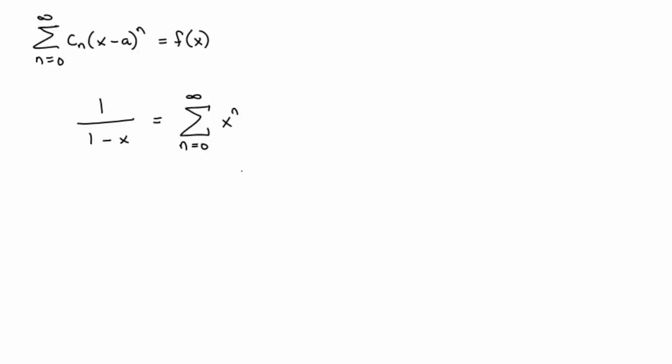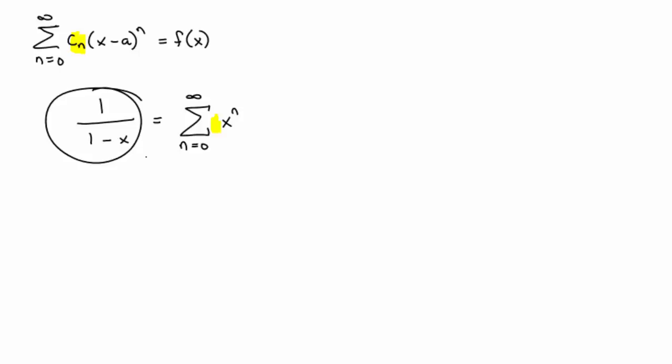Notice the coefficients, those c sub n's, are 1 in this version, and the center is at 0. You've just finished a whole section on how to manipulate a bunch of different power series that relate back to this.